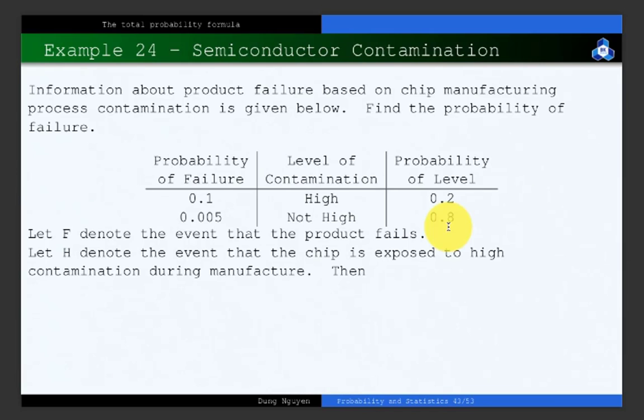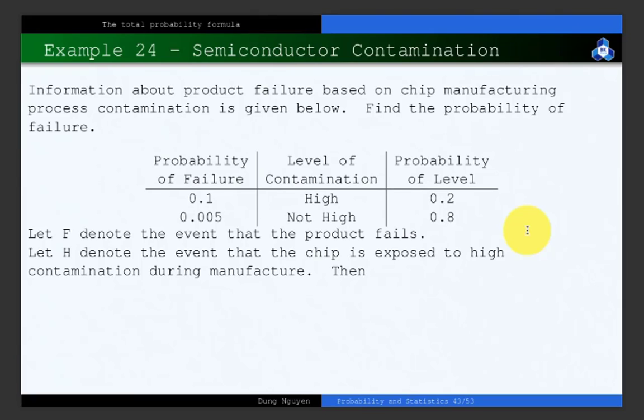Let's consider another example. Information about product failure based on chip manufacturing process contamination is given below. Find the probability of failure. There are two levels of contamination, high or not high. If the level is high, then the probability of failure is 10%.